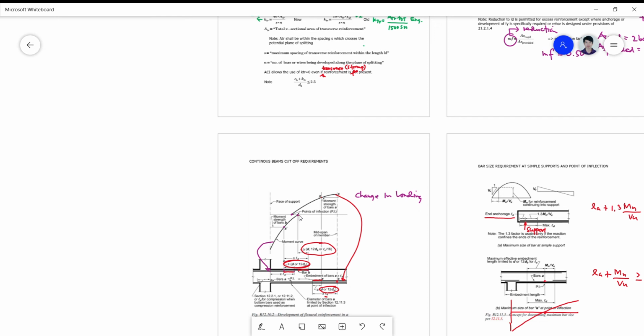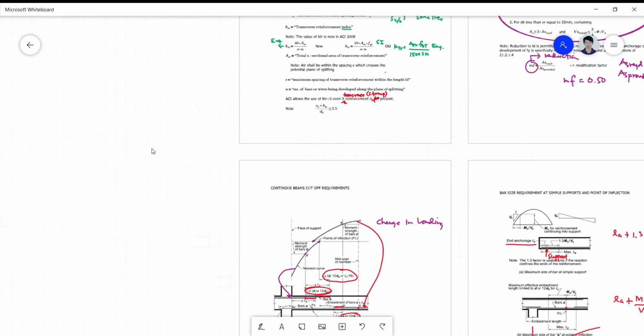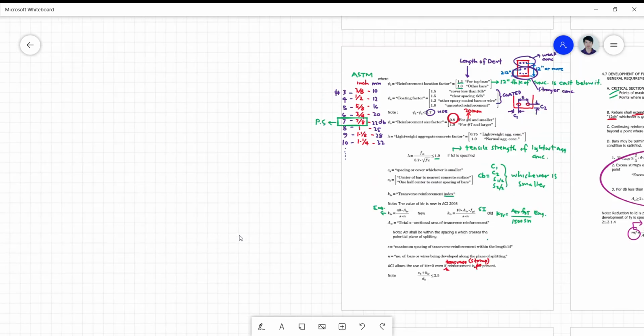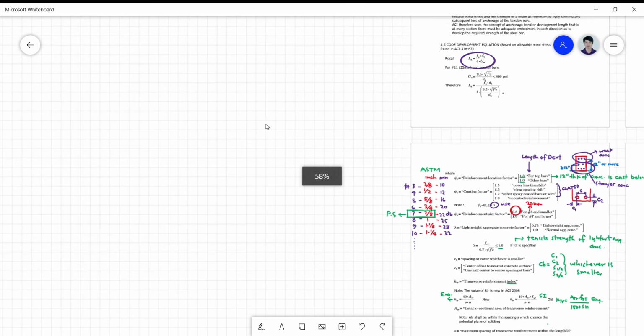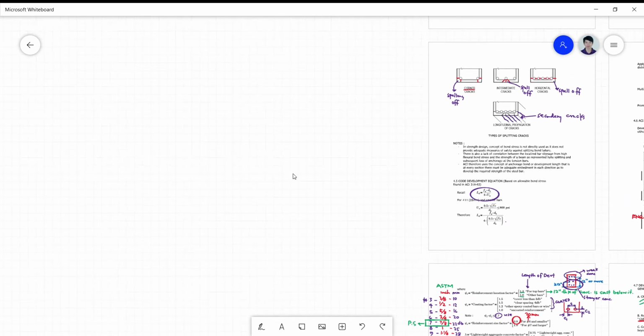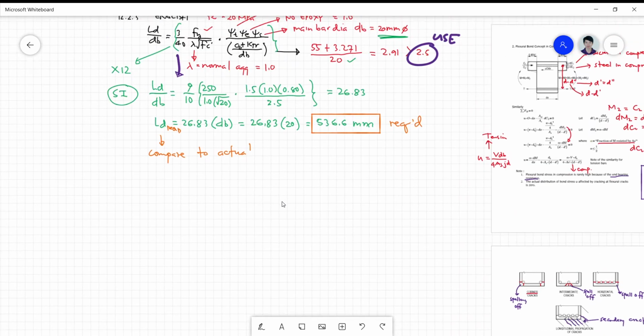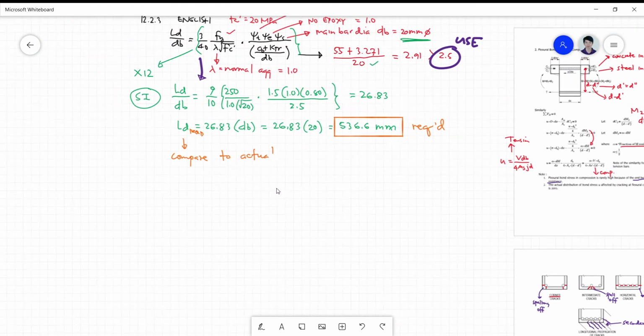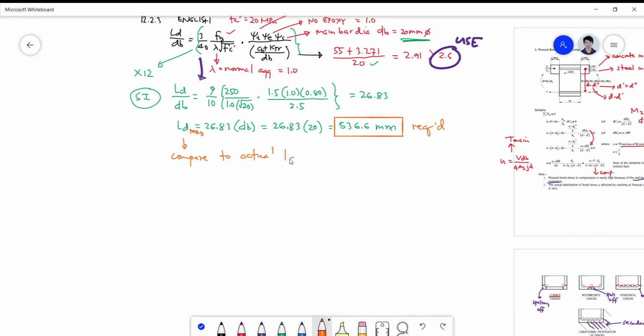I will show you how to do it using approximate computation at the point of inflection, because it's difficult to accurately compute for the point of inflection. I will give you an easier method to approximate it. And that point of inflection will show you how to compare the required LD with your actual LD. So this is now your actual LD.